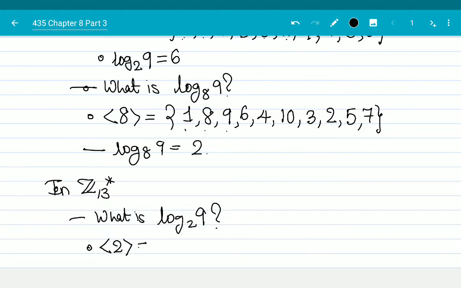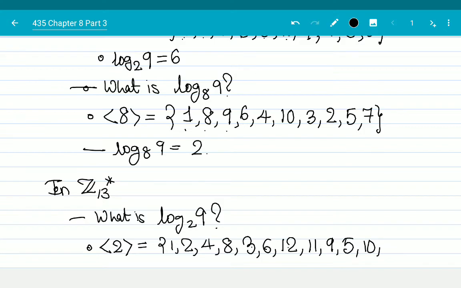Well, what is the group generated by 2 now? 1, twice of that is 2, then 4, then 8, then 16, which is 3, then 6, 12, 24, which is 11, then 22, which is 9, then 18, which is 5, then 10, 20, which is 7, then 14, which is 1.